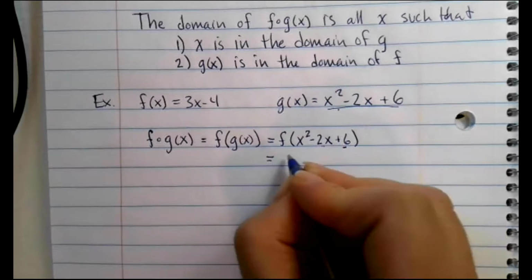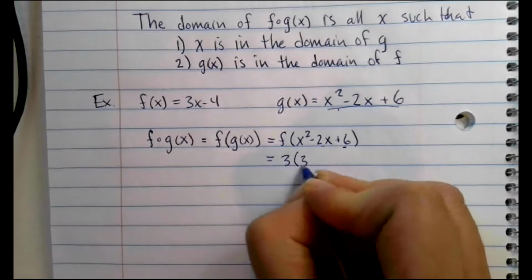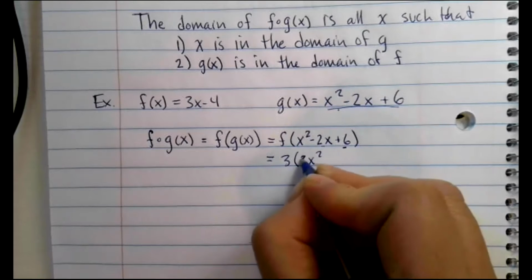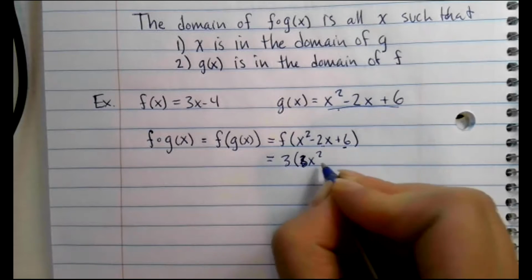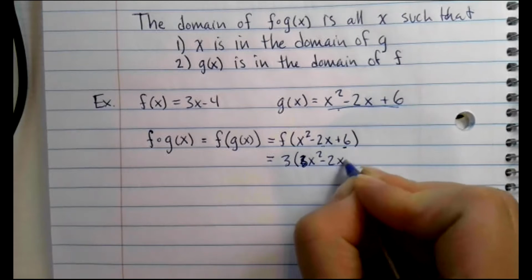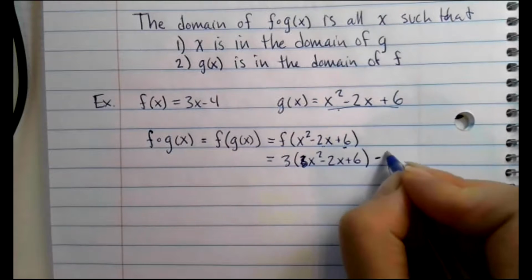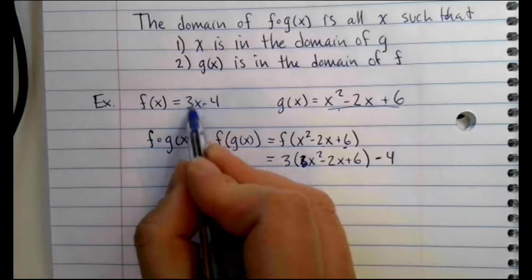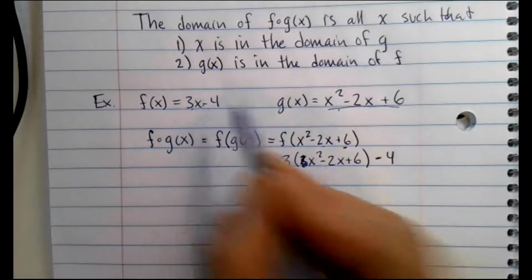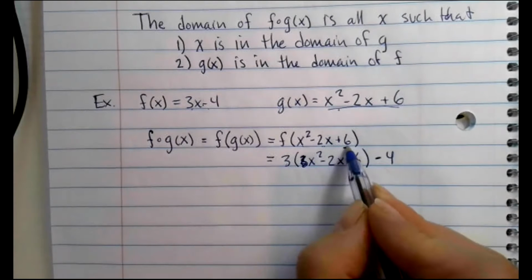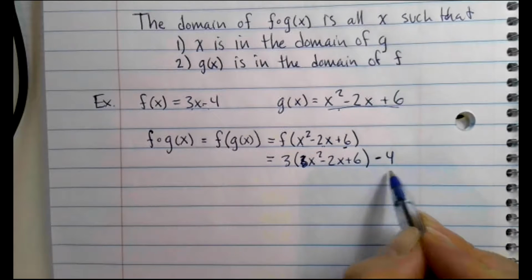f says take your input and multiply it by 3, and then subtract 4, right? So f of x says take whatever you put in, multiply it by 3, then subtract 4. If we're inputting this function g, that's what it looks like.